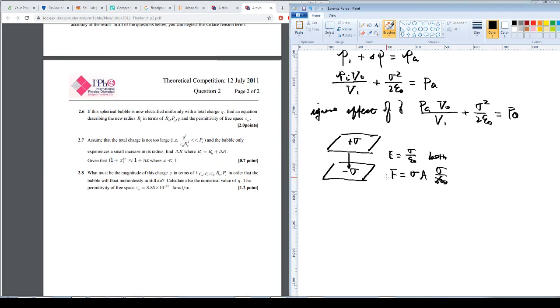So let's look at 2.7. Assume that the total charge is not too large and the bubble only experiences a small increase in its radius. Okay, so that's just binomial expansion, where you actually solve this equation.